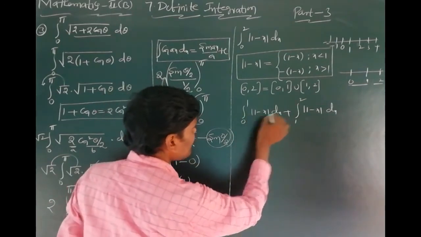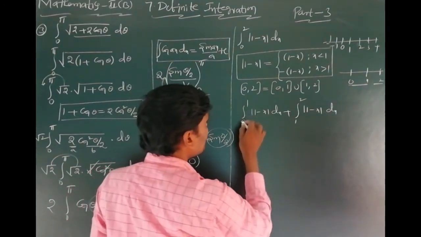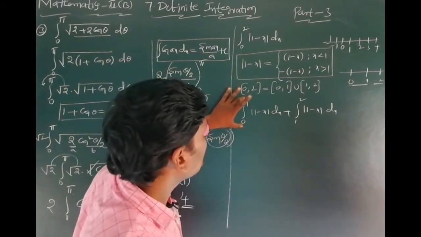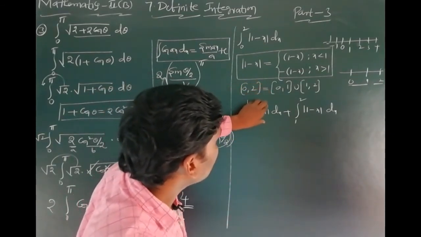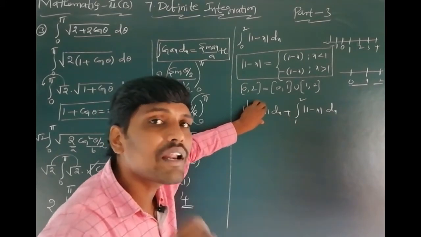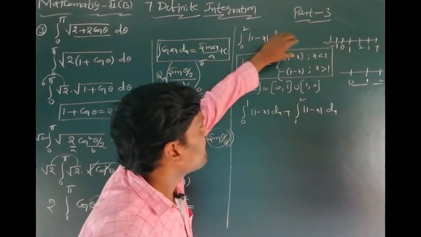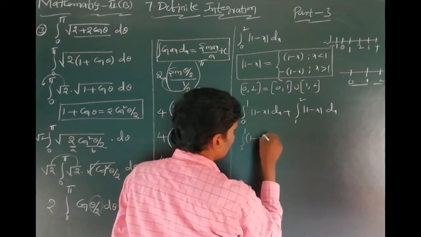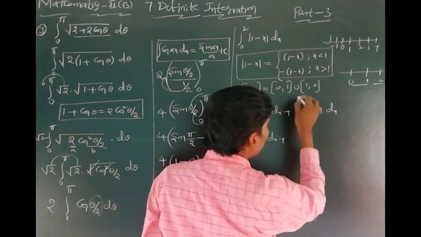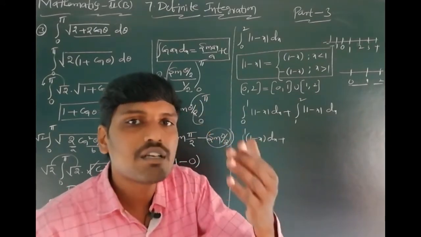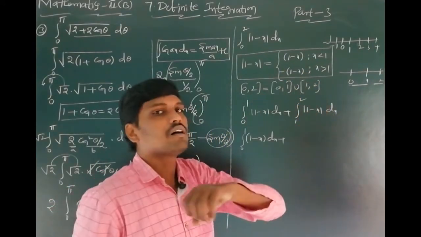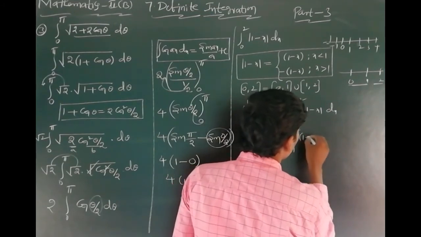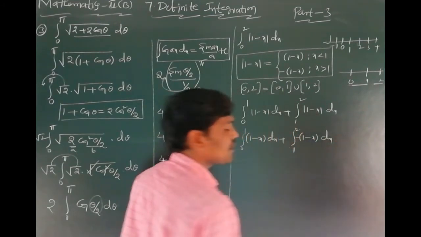After that, here 1 minus x, 0 to 1 interval, nothing but the value lies between 0 to 1. In this 0 to 1 interval, is this value positive or negative? This value is positive. That's why you can write 0 to 1, value is 1 minus x, plus 1 to 2. 1 to 2 is nothing but more than 1. More than 1, this modulus of 1 minus x value is negative. For 1 to 2, it is negative: minus of 1 minus x.